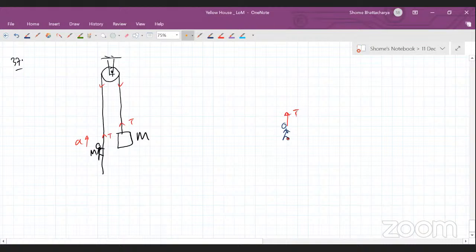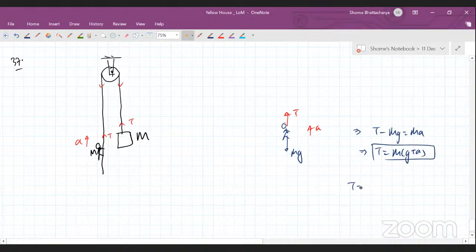Because it has an upward acceleration. So if this has an upward acceleration a, it means that T minus mg is equal to ma. So the tension in the string is m times (g plus a).